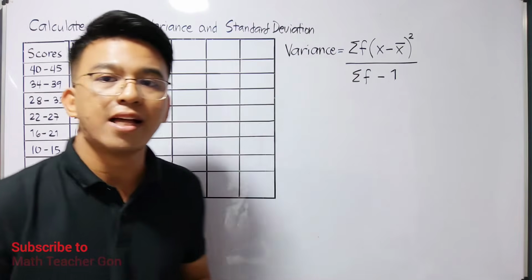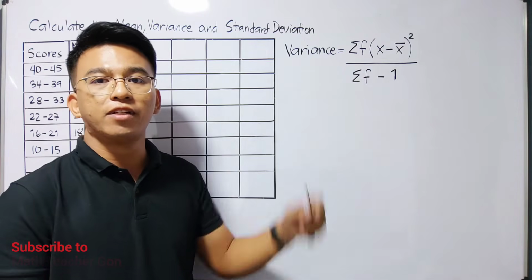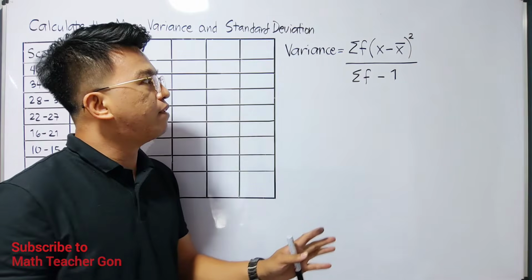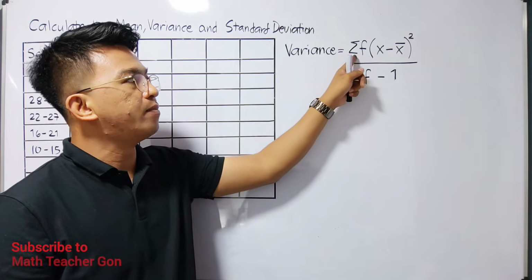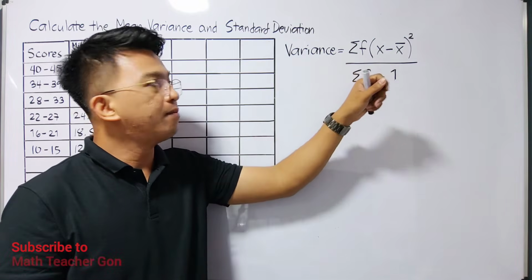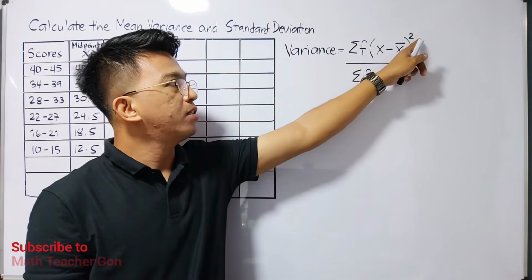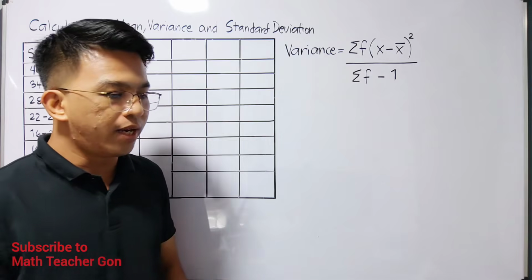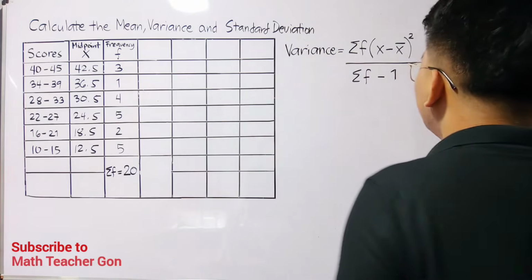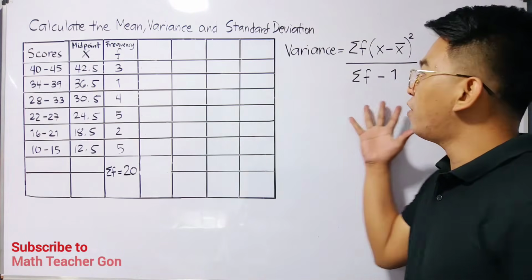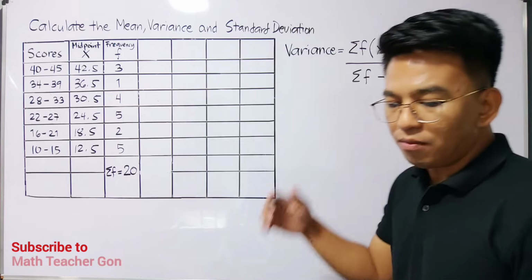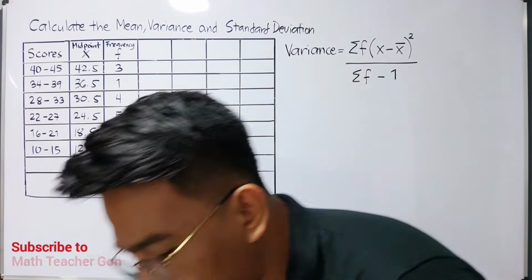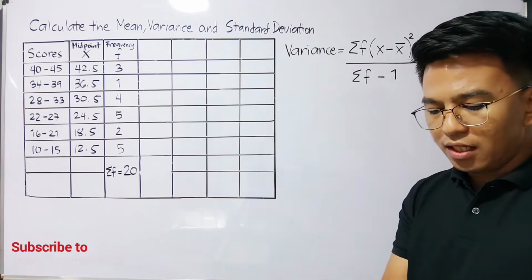Our target now is to calculate the variance. Right now, we have the formula: variance is equal to the summation of f times (x minus x bar) squared over the summation of f minus 1. Before we use this formula, we first need to compute the different columns that we have.